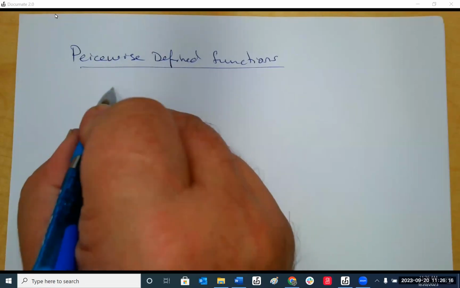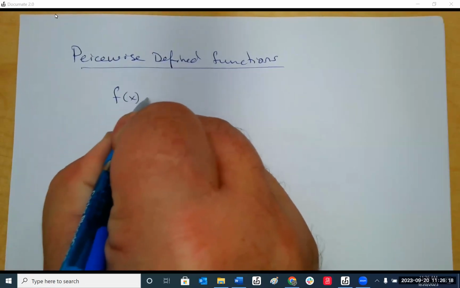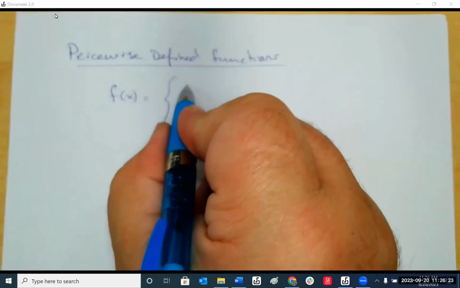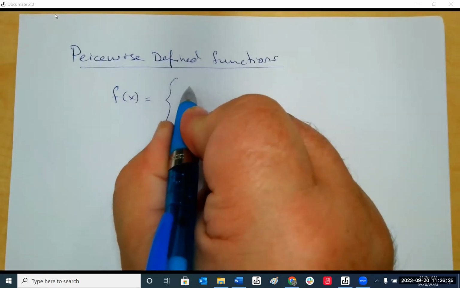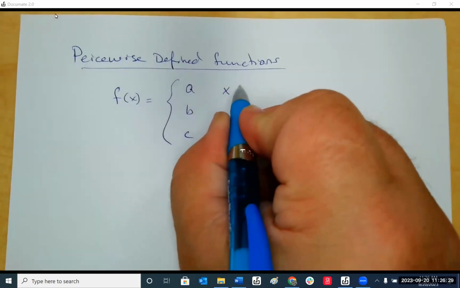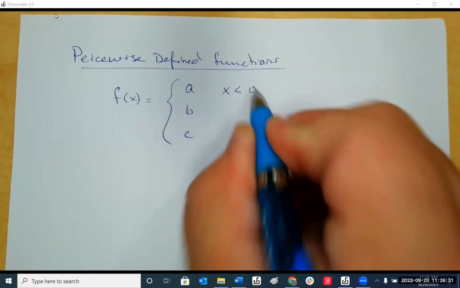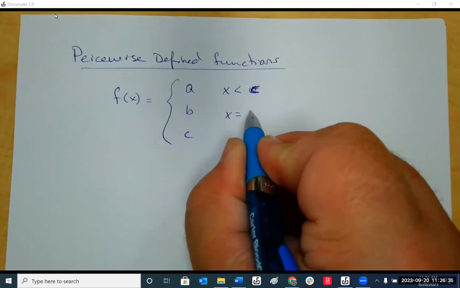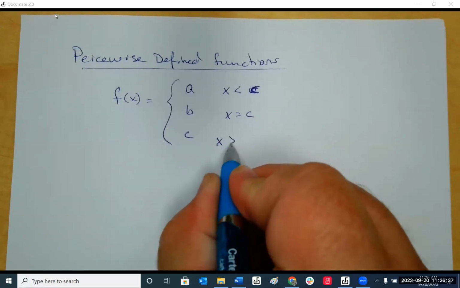How do we put this? Because a piecewise defined function has multiple parts. f of x equals A when x is less than c, B when x is equal to c, and C when x is greater than c.